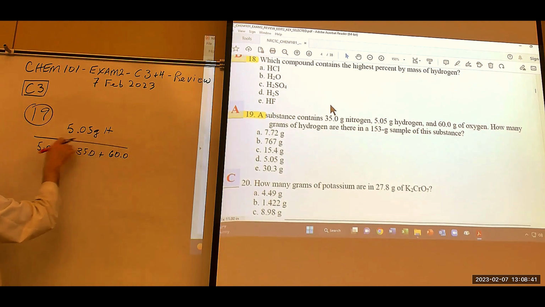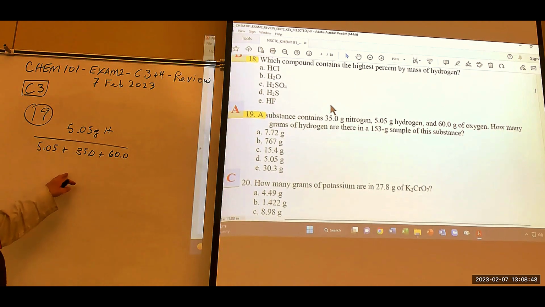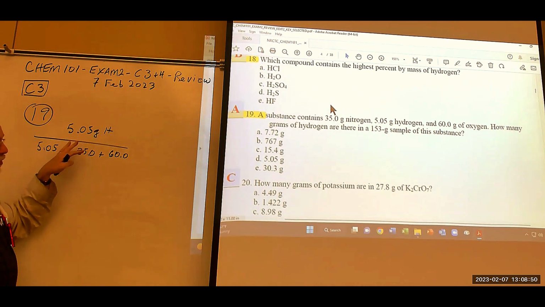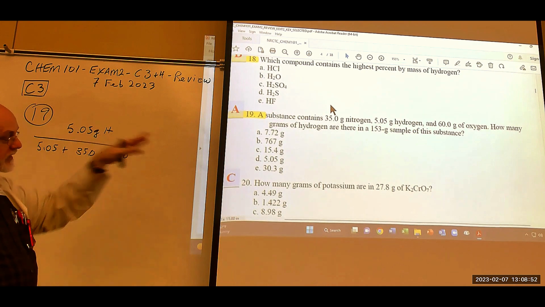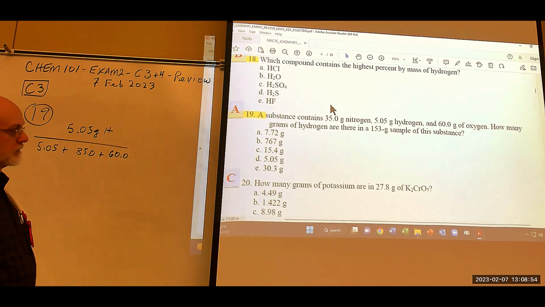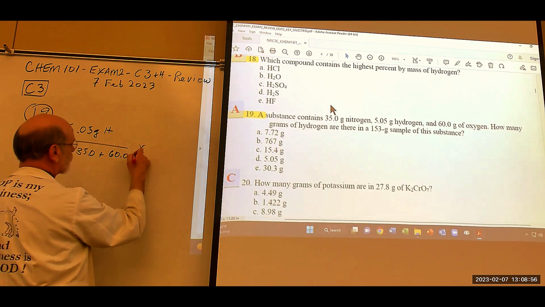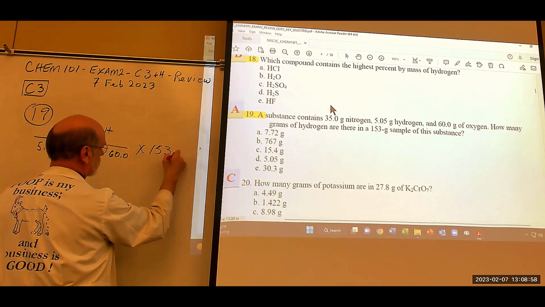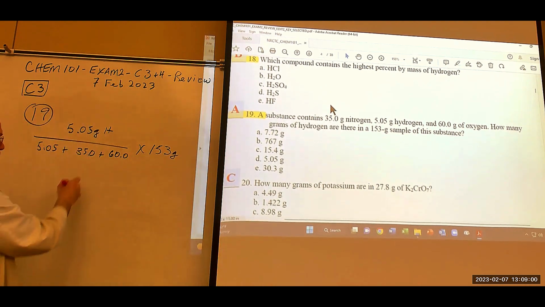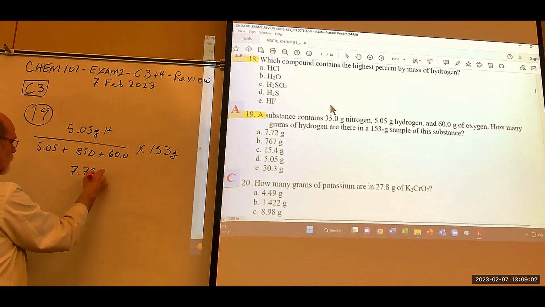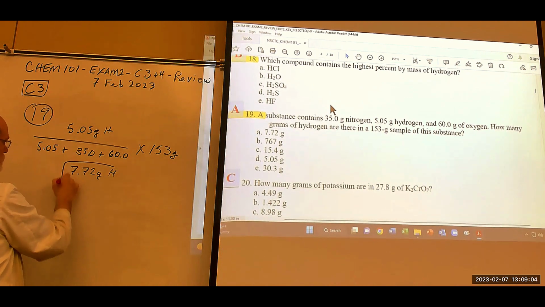That would be the fraction. You wouldn't even have to do a percentage. That would be the fraction of hydrogen in the total, so it would also be the same fraction in 153 grams. So you just multiply that times 153 grams, and it should come out to 7.72 grams of hydrogen.